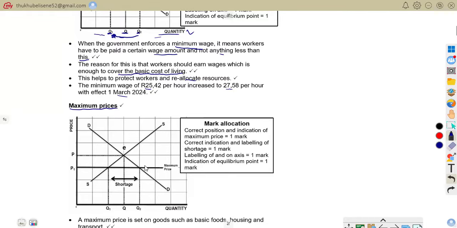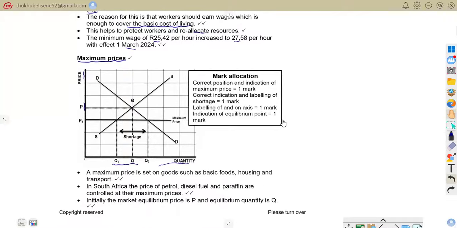As you can see, the vertical axis shows the price of the goods or services, but the horizontal axis shows the quantity demanded and supplied.